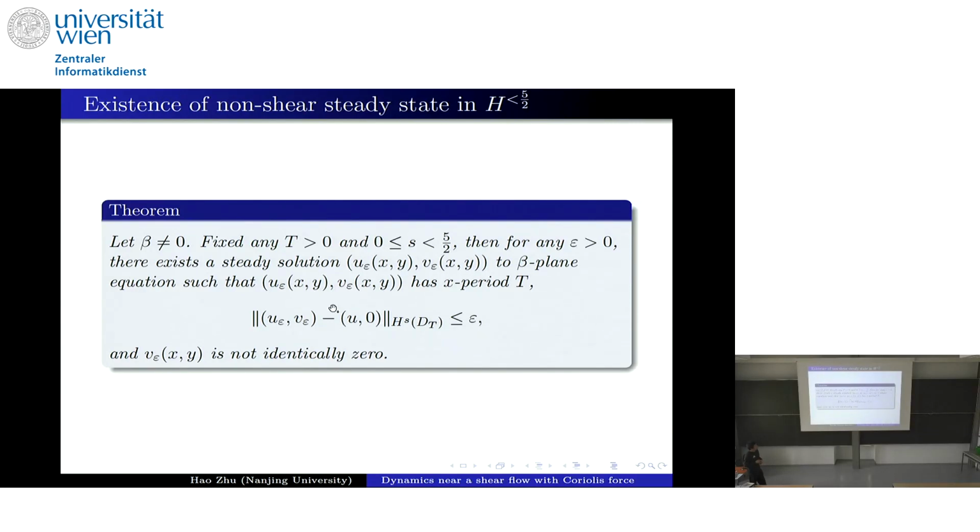So let us give the precise result. For any horizontal period, if the perturbation space is taken to be H^s, then for any epsilon larger than 0, we can find steady states near the Couette flow, and the second component of the velocity is not 0.